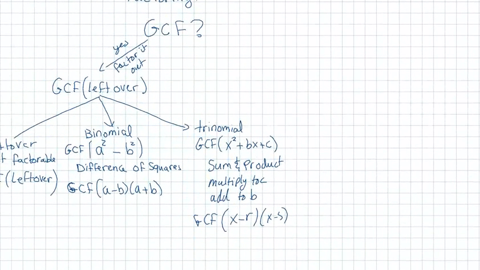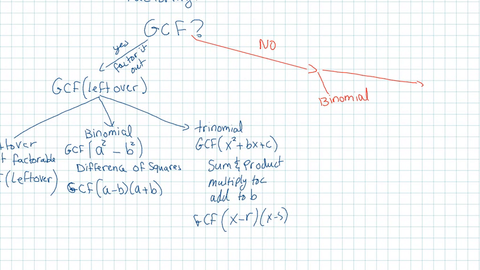If you have a binomial, it could be a difference of squares. It's exactly like this, but without the GCF in the front. So it's going to be a squared minus b squared, and then it's going to factor to a minus b, a plus b, so your difference of squares.